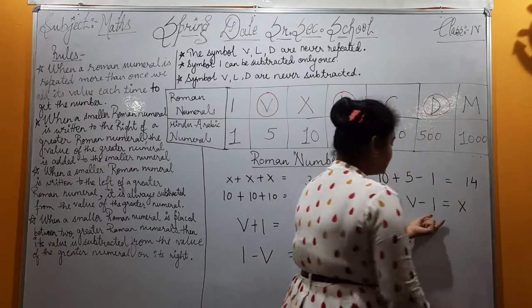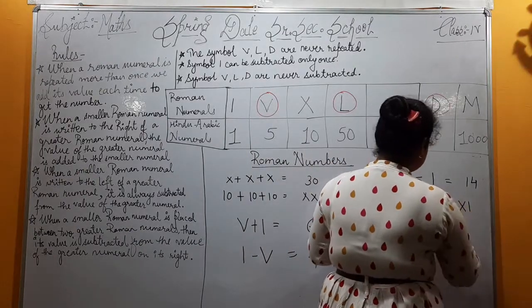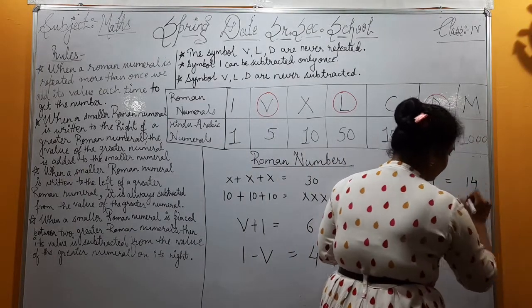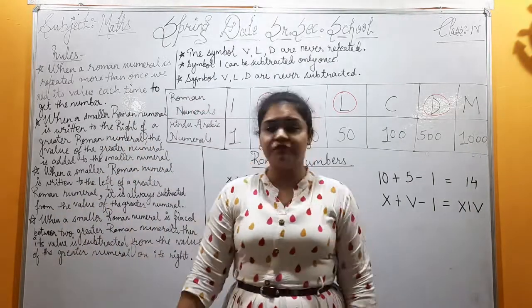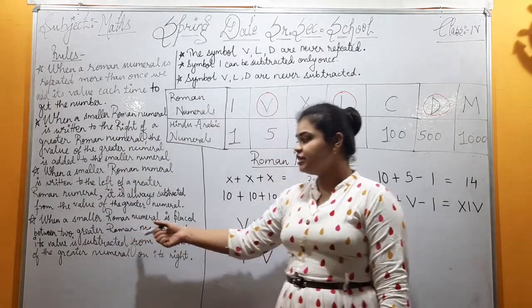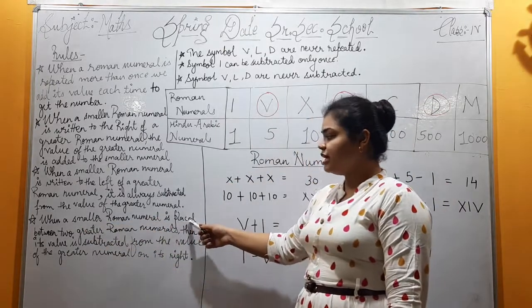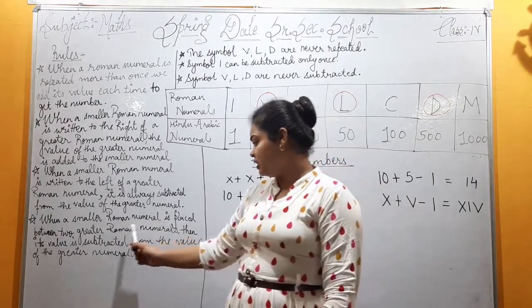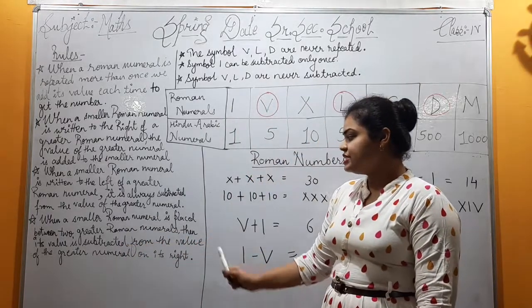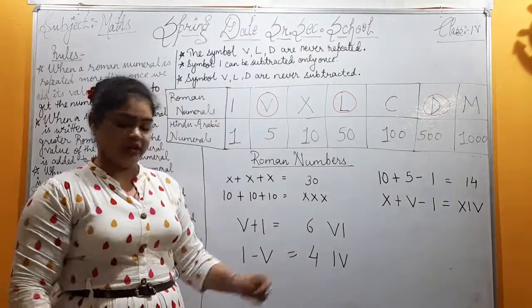X, then I. This is the smaller one, so it will come in the middle. And this is the greater, so it will come here. So this is 14. This is the only thing we have just learned in this last rule. That is, when a smaller Roman numeral is placed between two greater Roman numerals, then the value is subtracted from the value of the greater numeral on its right.